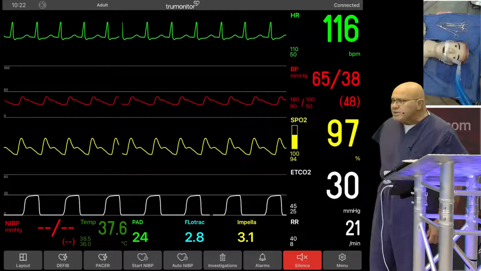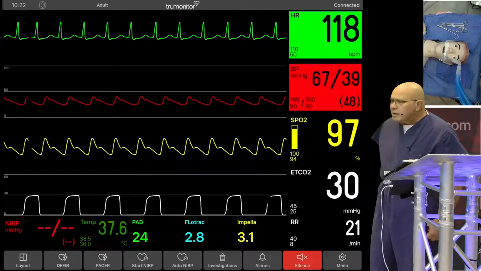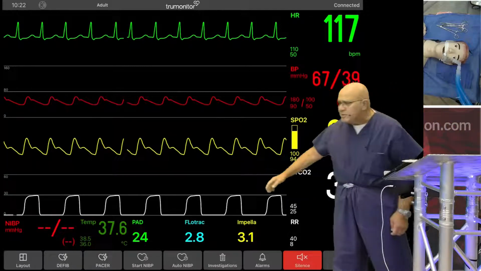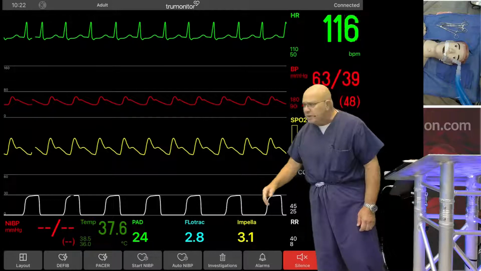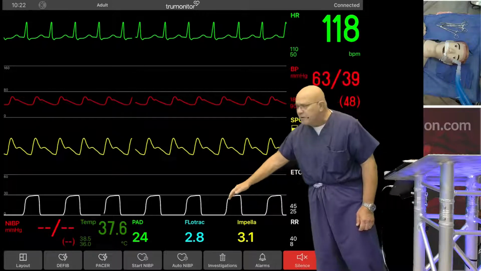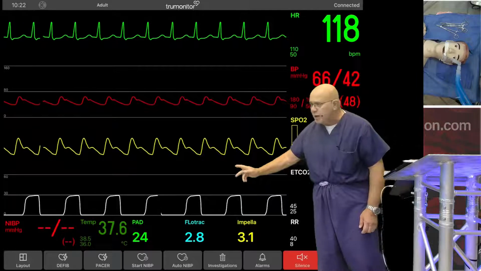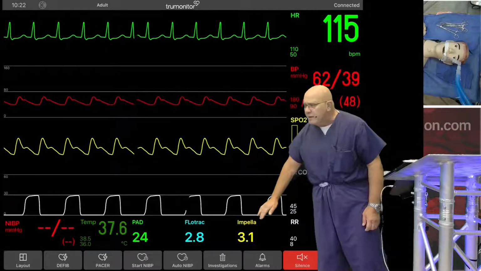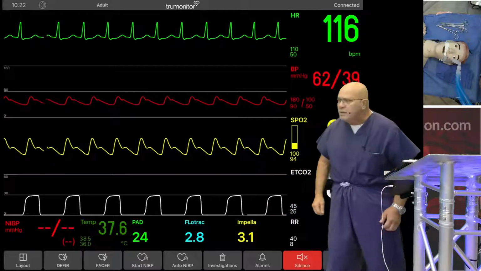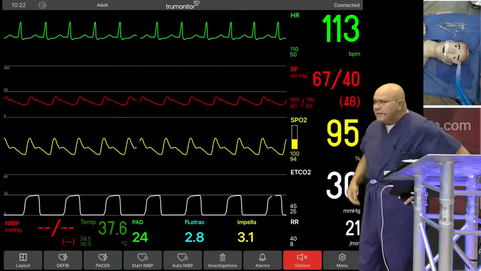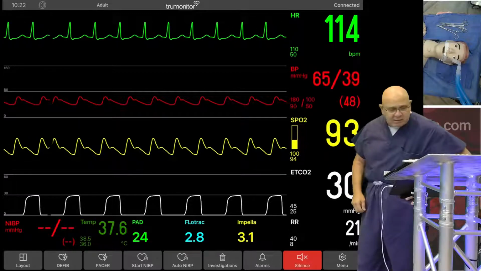His saturation is 97, so that's encouraging, right? His PAD that you see there is reading 24. The flow track, or random number generator, whichever you prefer, I think the device works pretty well, is 2.8. Again, the patient does have a Swan in, which really helps. And the Impella CP is running at 3.1 liters per minute. But things here actually look fairly decent.